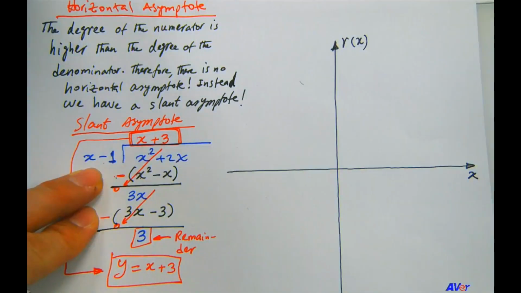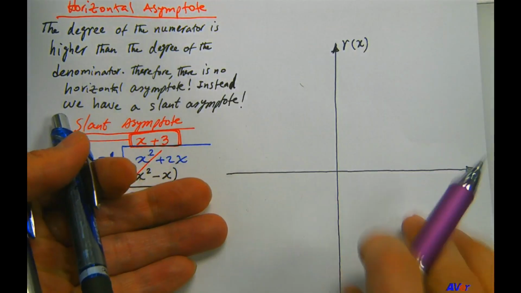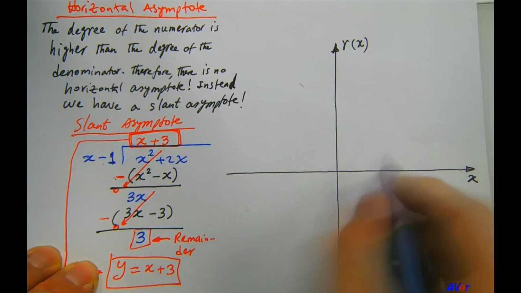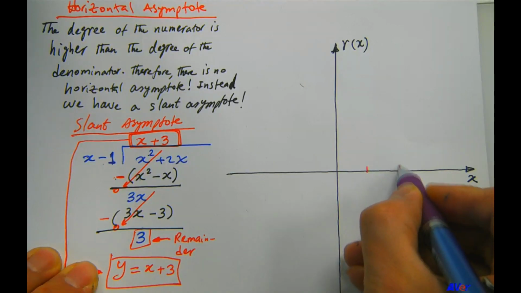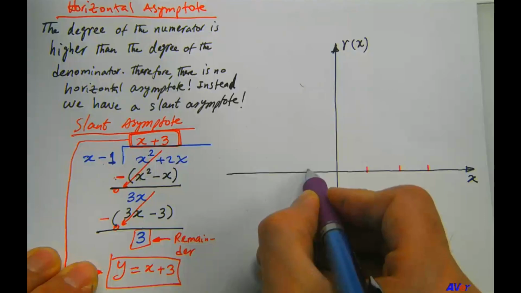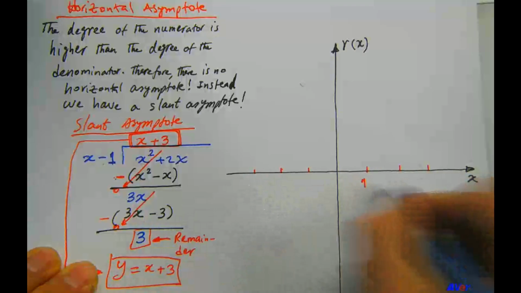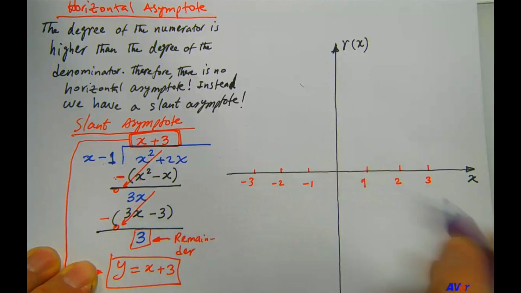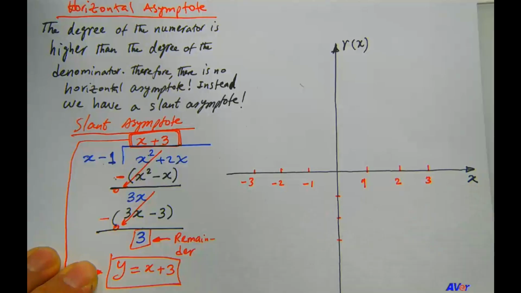X. Okay, so now let me increment. I'm just going to do 2 increments, 1 and 2. So maybe 1, 2, 3, and again 1, 2, 3.